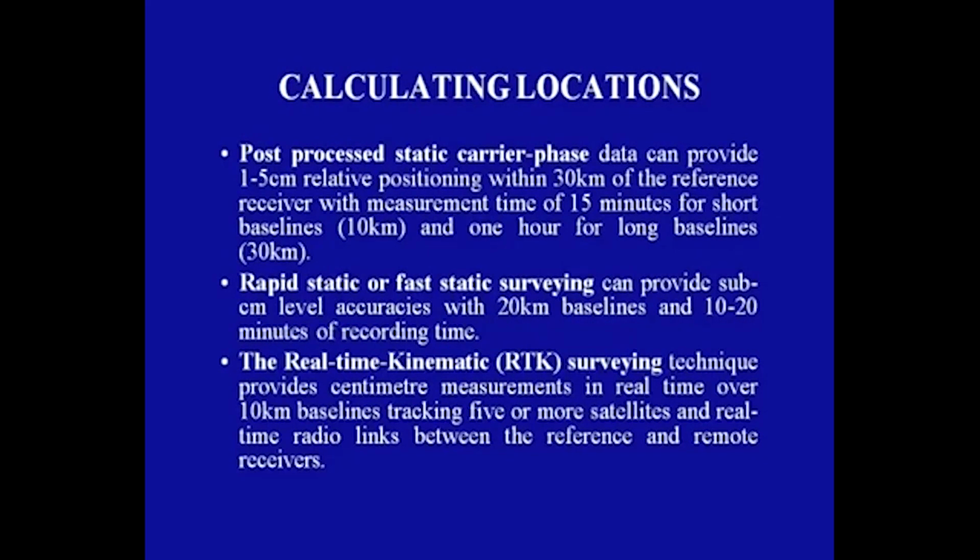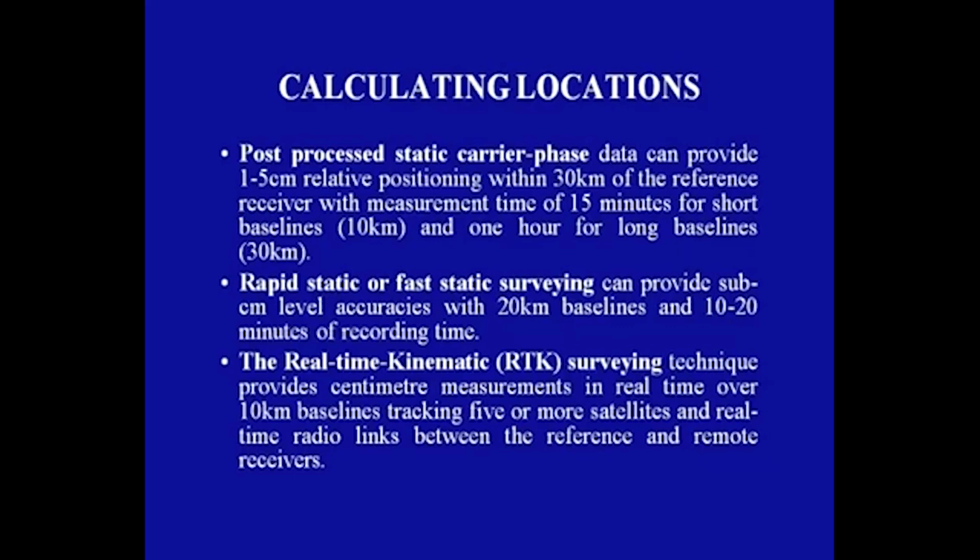First is post-process static carrier phase data, which can provide about 1 to 5 centimeter relative positioning within 30 kilometers of the reference receiver, with measurement times of 15 minutes for short baselines of the length of 10 kilometers and 1 hour for long baselines of the order of 30 kilometers.